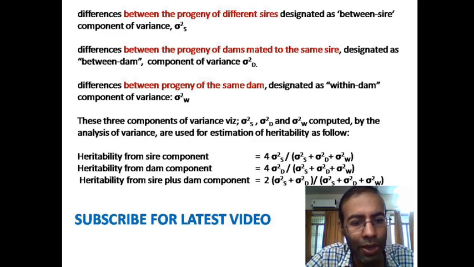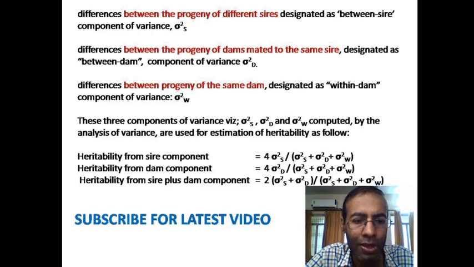The second way is heritability from dam component: 4 times sigma square d divided by the summation of sigma square s plus sigma square d plus sigma square w.